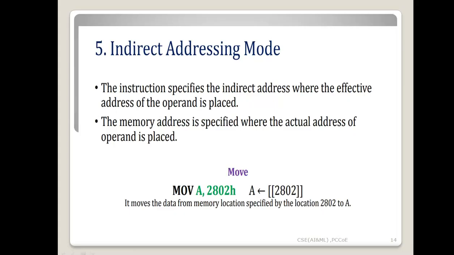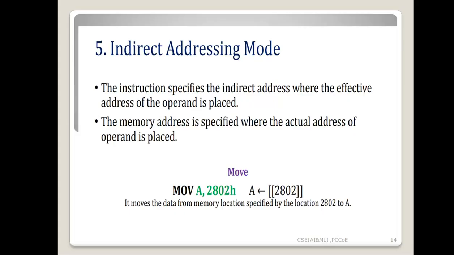Okay. Next is indirect addressing mode. The instruction specifies the indirect address where the effective address of the operand is placed. So the memory address is specified where the actual address of the operand is placed. For an example, MOV A, 2802H.